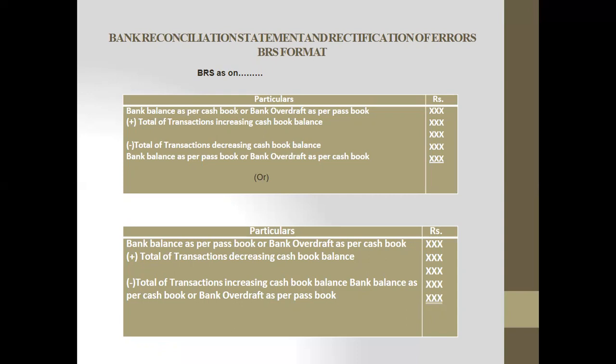This is one format, or else we can use an alternative format. So, bank balance as per passbook or bank overdraft as per cash book, plus the total of transactions decreasing the cash book balance, and from this we subtract the total of transactions increasing the cash book balance, to get the bank balance as per cash book or bank overdraft.